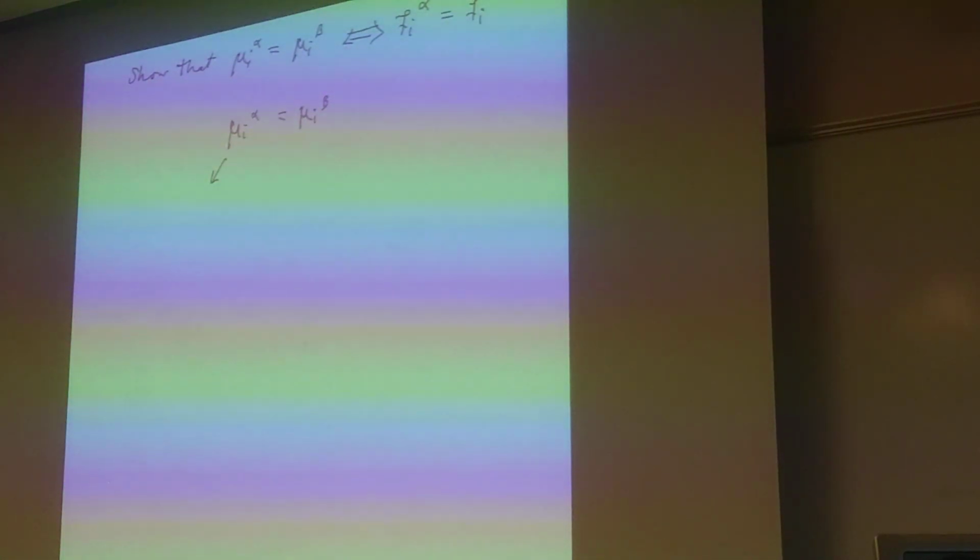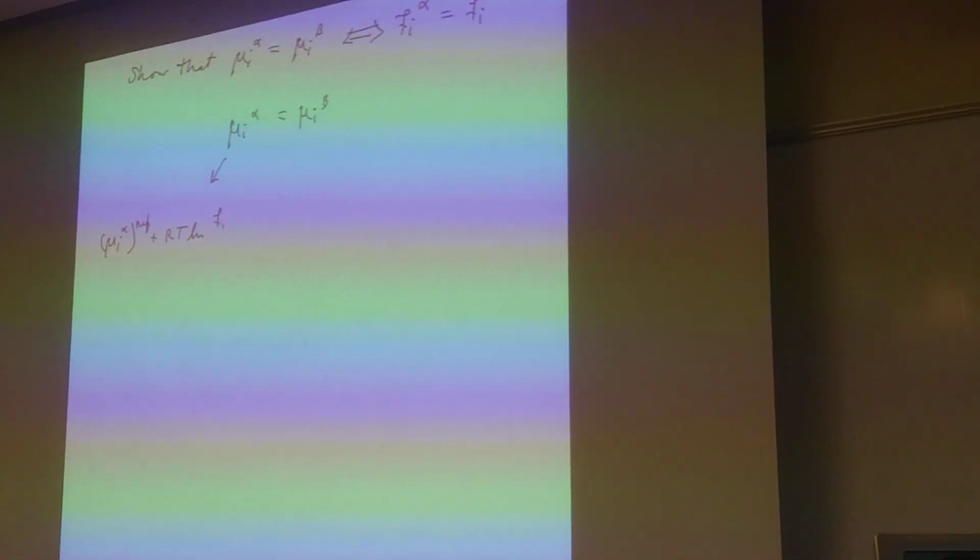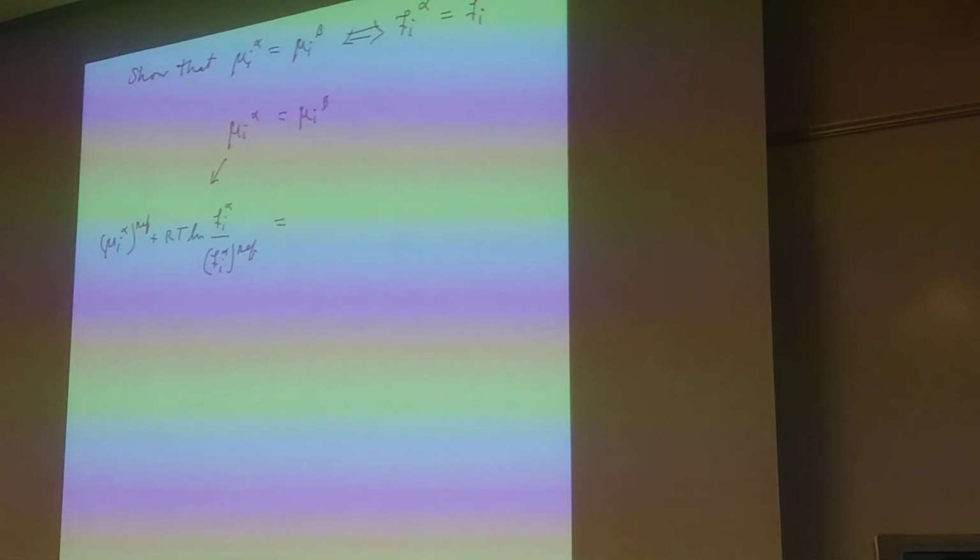I can write this out in accord with the expression that I had earlier. This can be written as mu I alpha in the reference state, plus RT times the logarithm of fugacity of component I in system alpha over its fugacity in the reference state. And that would be equal to the same expression now for system beta.